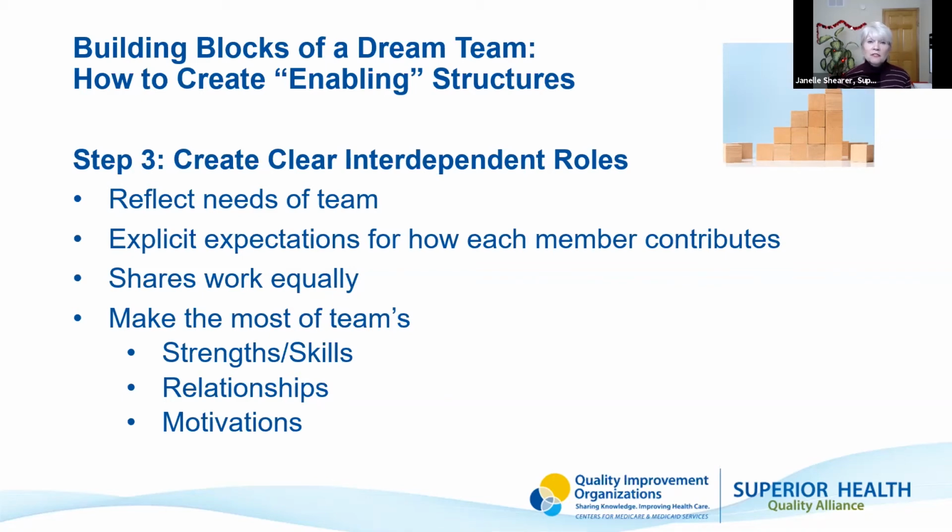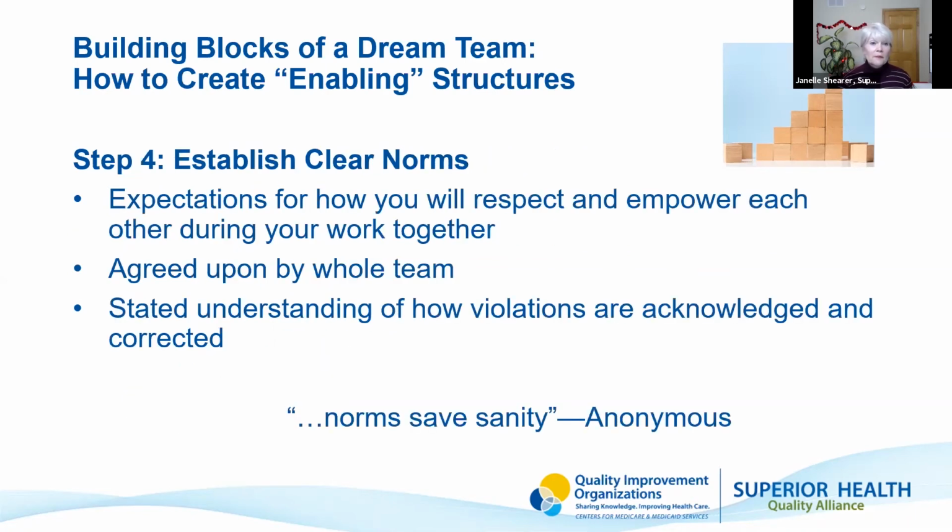If someone needs some help, you ask for it. Good team members communicate when they need assistance. They communicate what they're doing. No one is working in silos or doing things on the side or secretly, but it's working all together, interdependent. You know the expectations that each member will be bringing.